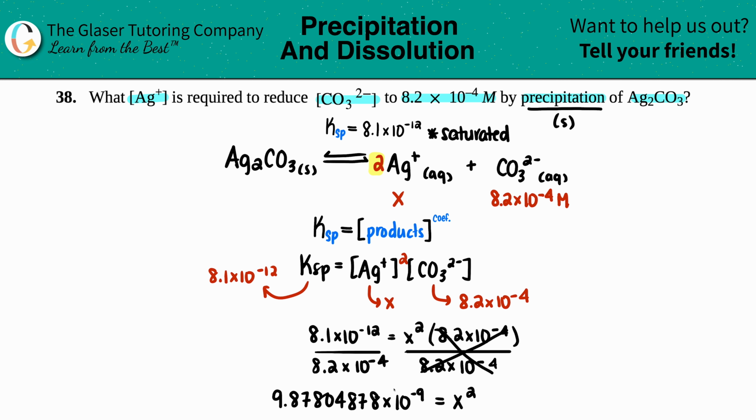Technically, we shouldn't really round in the middle of calculations. We have to take the square root to get x by itself, but then you got to do it on the other side, right? And then we come out with just x equals.